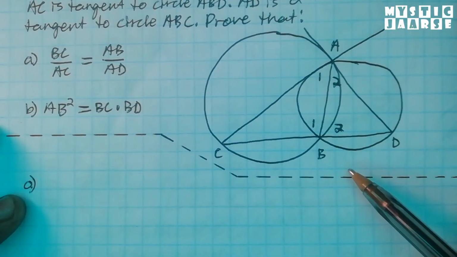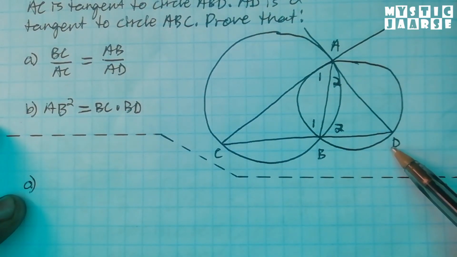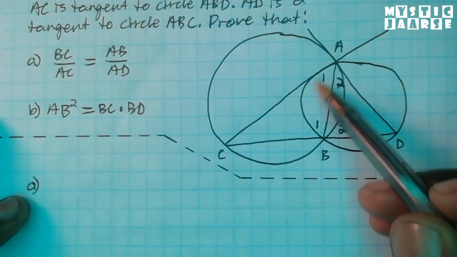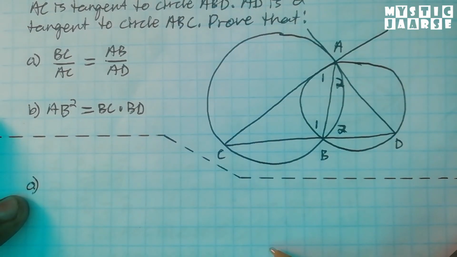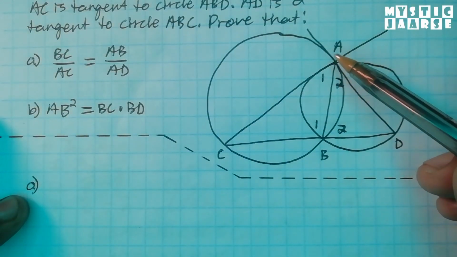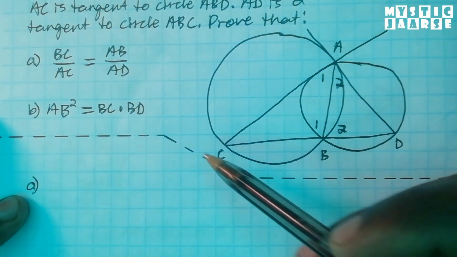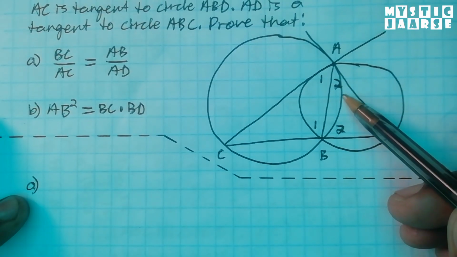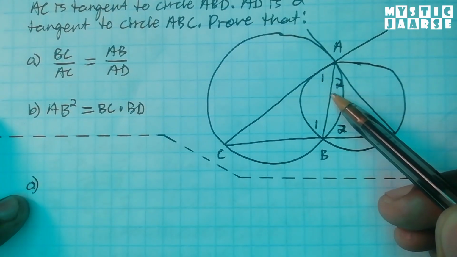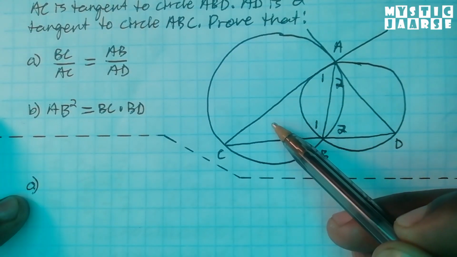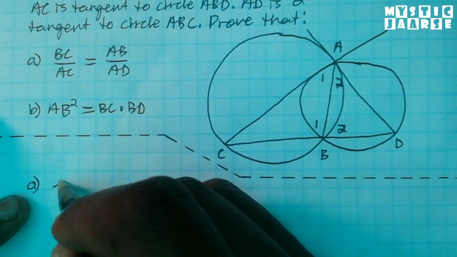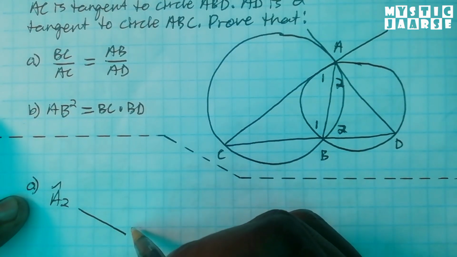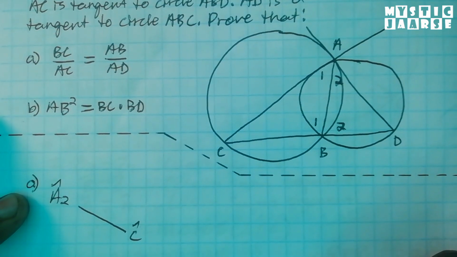We need to figure out which angles of triangle BAD are correspondingly equal to those of triangle BCA. So when I look at my diagram, since AD is a tangent to this circle, I have an angle between my tangent and this chord, and this angle A2 is equal to angle C. So I have angle A2 is equal to angle C through the tan chord theorem.